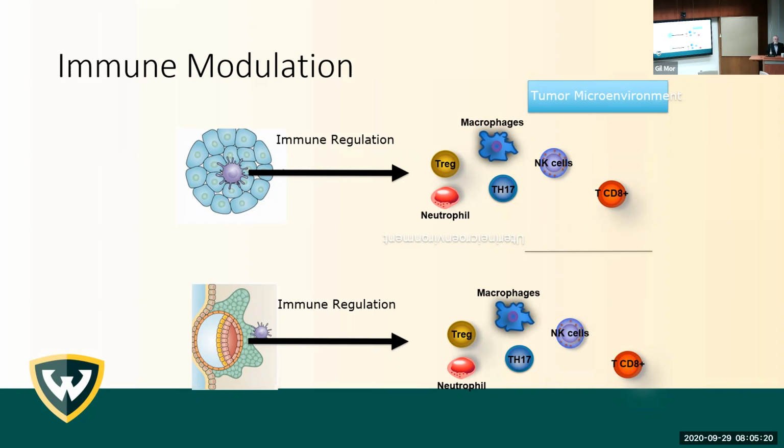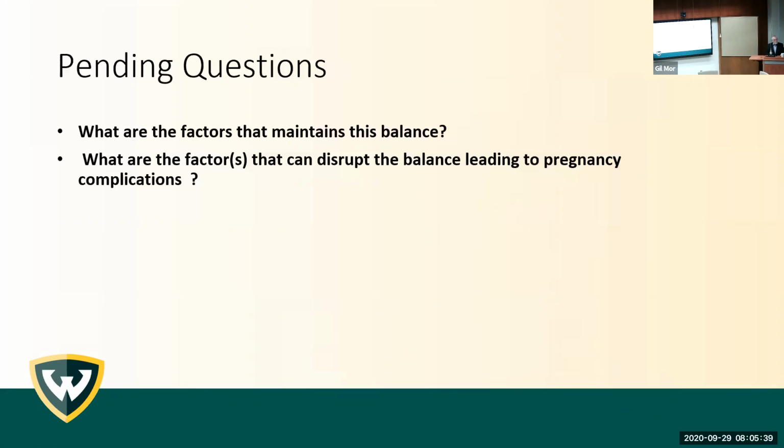And we think something similar is happening with the placenta. The placenta, the trophoblast, similar to cancer cells, is secreting a lot of factors that are capable of modifying the phenotype of the immune cells that will be present at the implantation site.